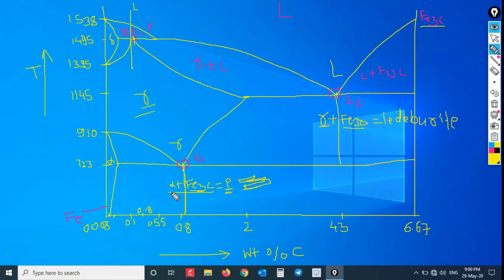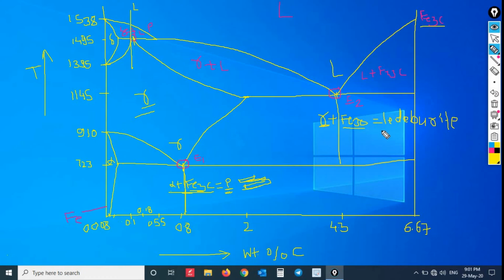Pearlite is the mixture of alpha plus Fe3C, and ledeburite is the mixture of gamma plus Fe3C. What is common? Fe3C is common. The difference is that in pearlite we have alpha ferrite, and in ledeburite we have gamma iron. So this is the difference.